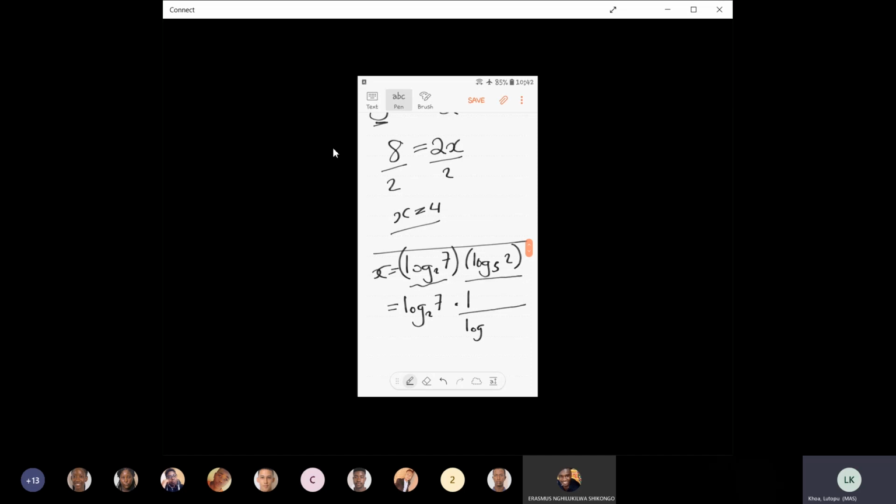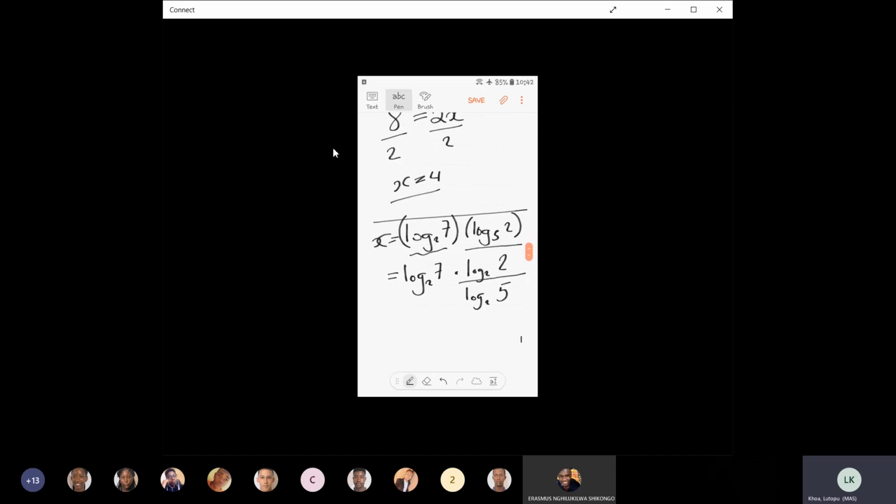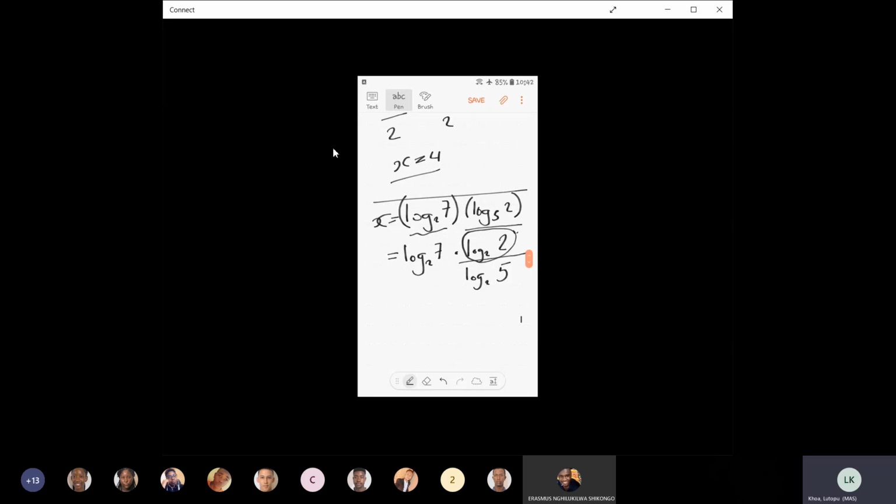I put log base 2, log base 2, then the argument goes to the numerator, and then the base goes to the denominator. Then here in the numerator, this is equal to 1. So I have log base 2 of 7 multiplied by 1 over log base 2 of 5.